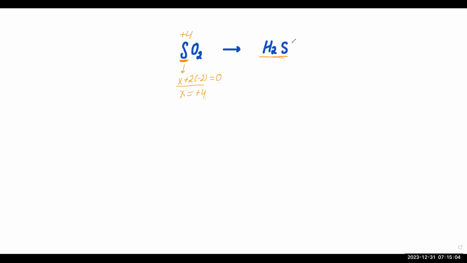What's the oxidation number of sulfur? No, wait. It's H2S. It's not free hydrogen gas, Shrihan. It is combined with sulfur. It's the formula of hydrogen sulfide. In fact, the name is dihydrogen sulfide.